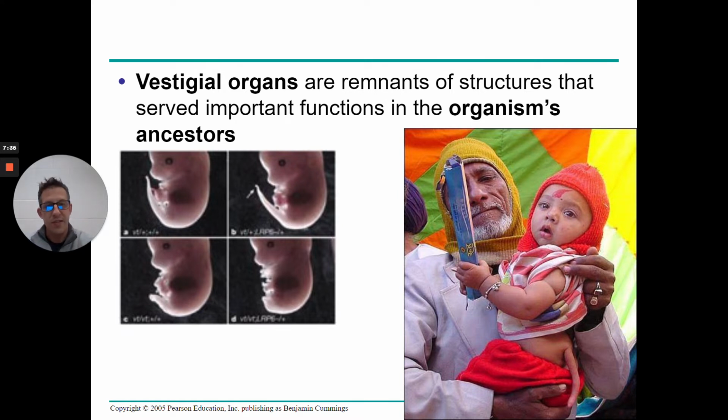The snake as we see it now no longer needs that leg, but it's got this little remnant, little chunk that looks like a leg, even though it just kind of doesn't do anything. Okay, and that's what we call a vestigial organ. It's a remnant of a structure that served some important function to that organism's ancestor.